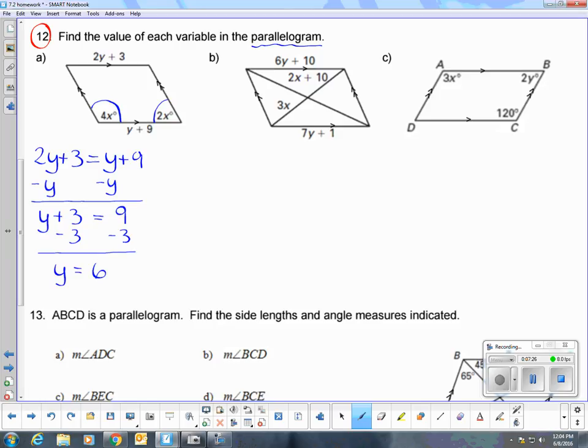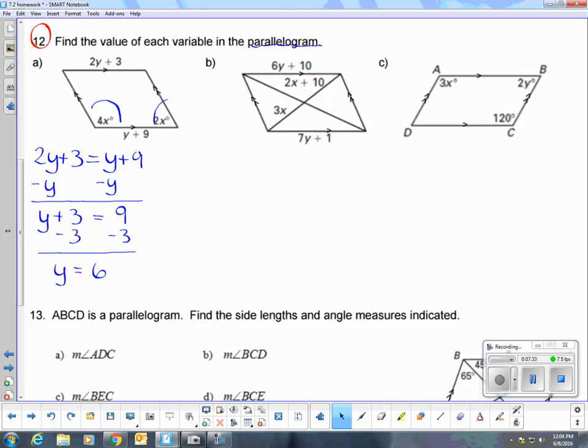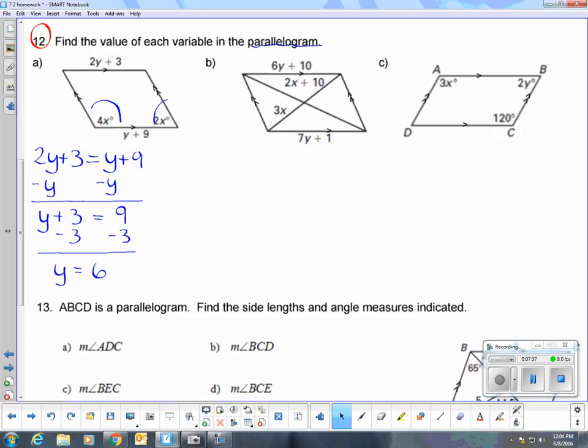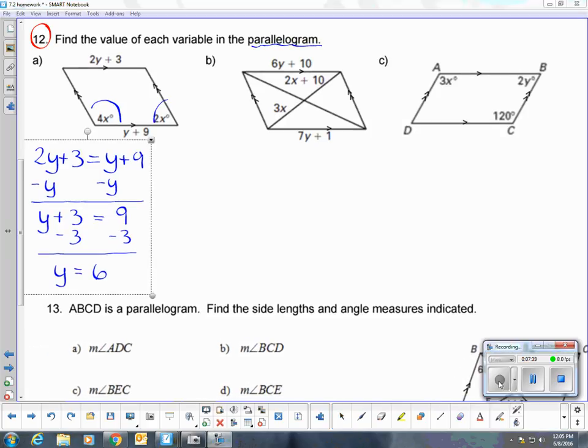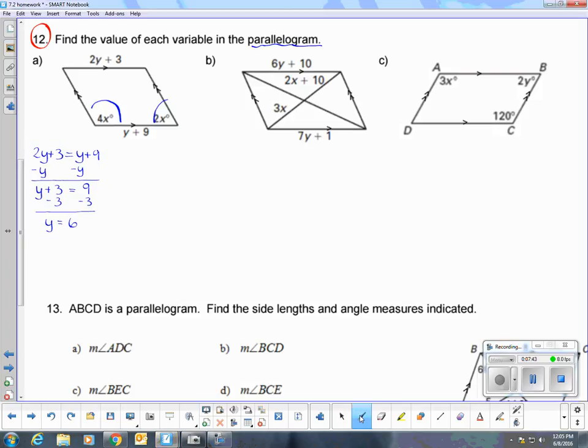So I can write an equation to help me to find x. And that equation would be 4x plus 2x together is equal to 180 degrees. Those two angles are supplementary.